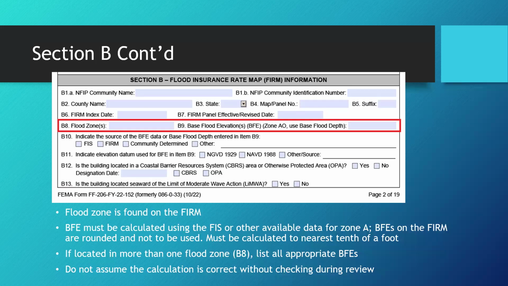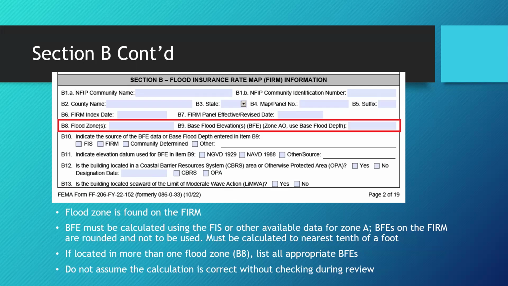So Zone A, Zone AE, occasionally Zone AO, whatever that is, you would just look at the map and make that determination. And then the base flood elevation or the depth, if it's a Zone AO, that would be calculated or measured based on that particular property location. And we can assist with this.